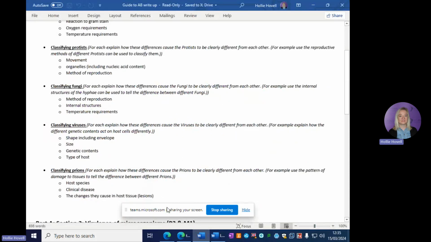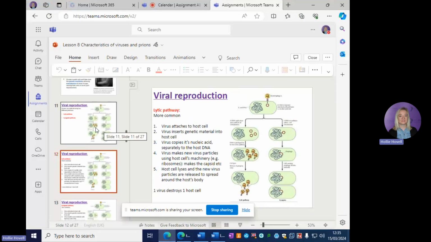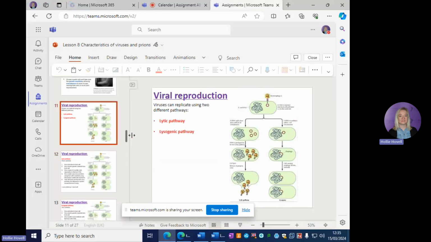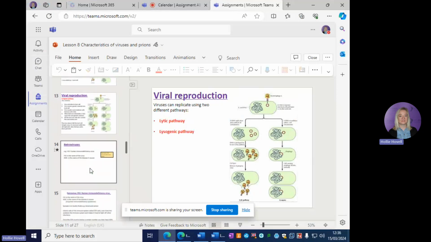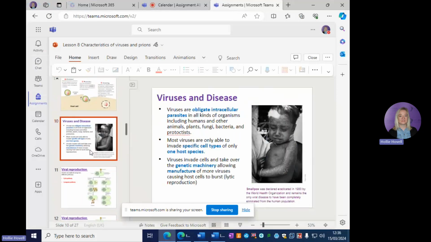I think I'll add that on. Viruses do replicate in different ways. So they can replicate via the lytic pathway or the lysogenic pathway. So it'll be really good to have a diagram of that and explain those two methods of reproduction. I'll add reproduction onto your checklist. Viral reproduction is an important way of classifying the diseases as well.